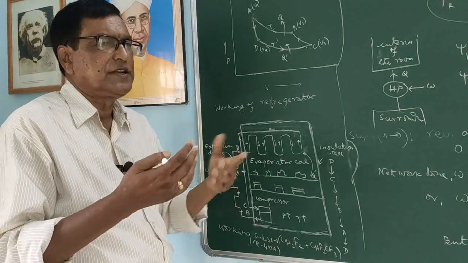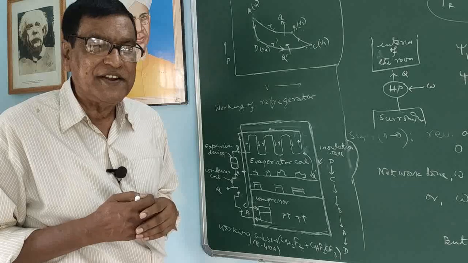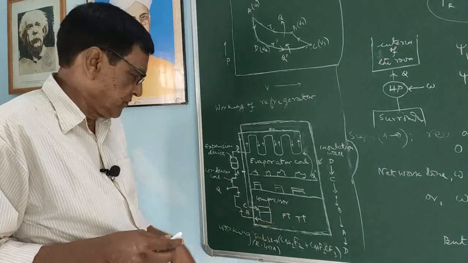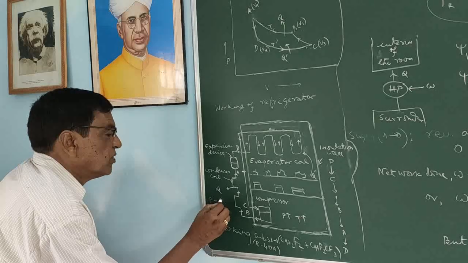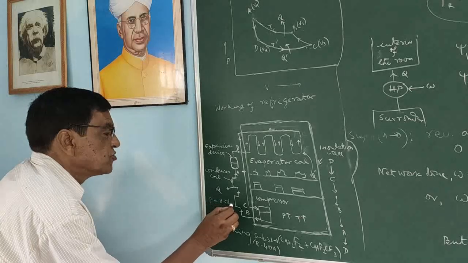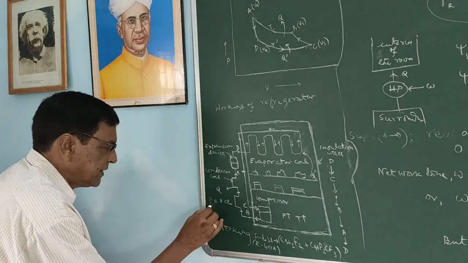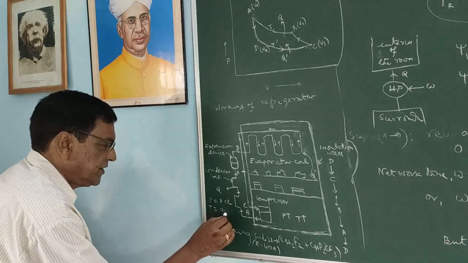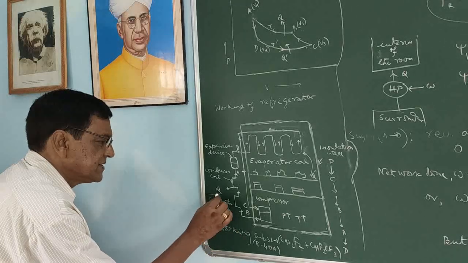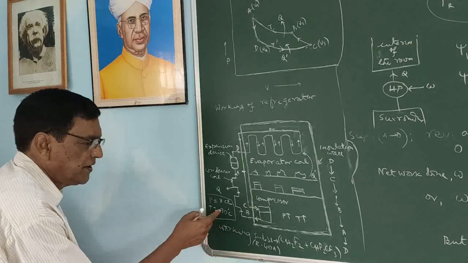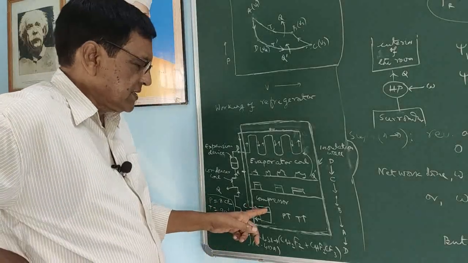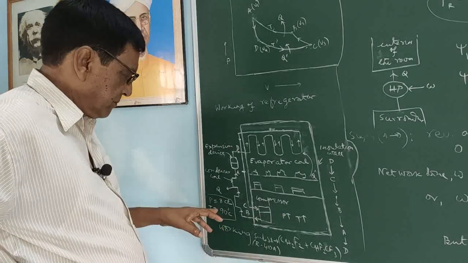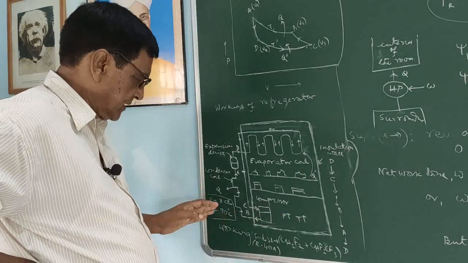Suppose the temperature increases to about 90 degrees centigrade and the pressure is 8 atmosphere. For the sake of simplicity, to explain, these data are given here. So the compressor does the compression, and pressure is high, temperature is also high.